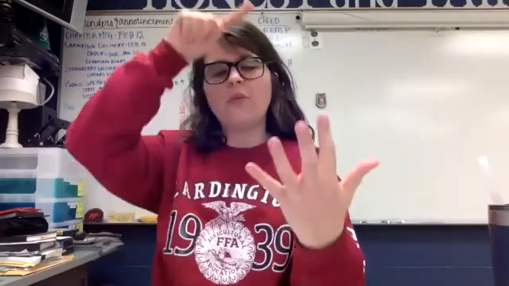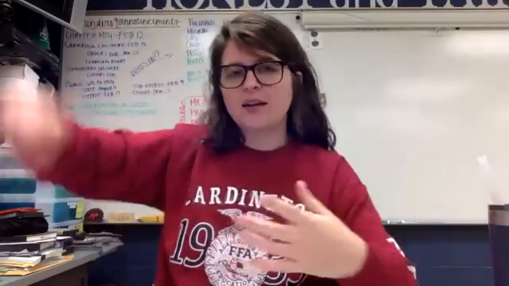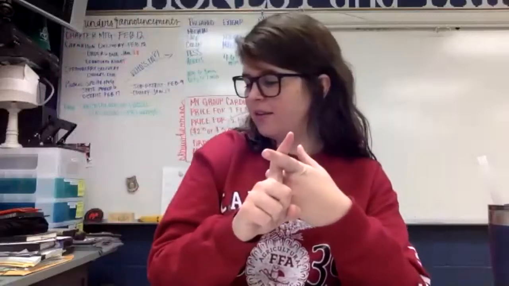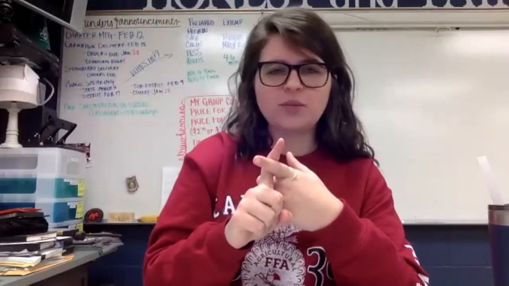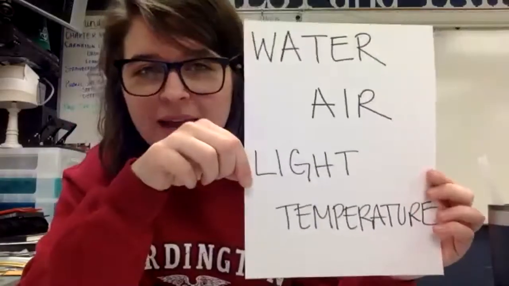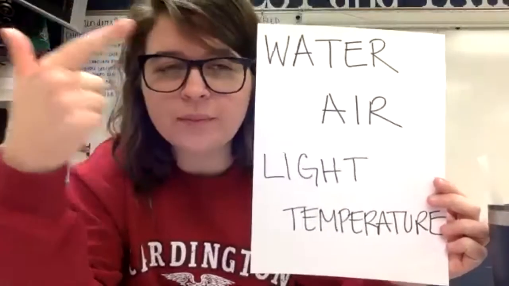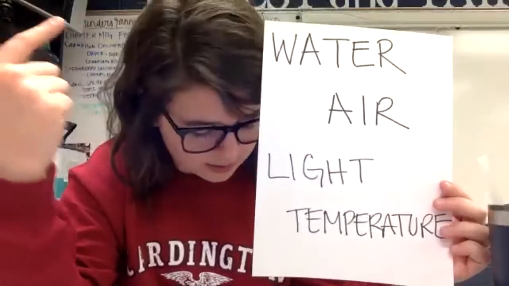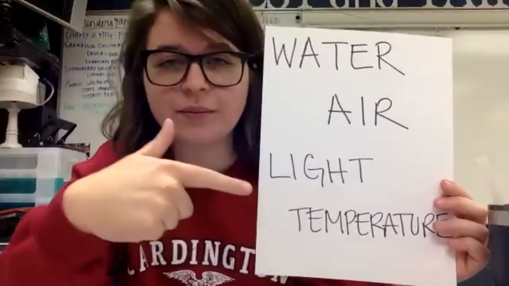It can't germinate in freezing temperatures. So we need temperature, we need light, we need air. Oh wait, I just spoiled it for you. You said water. We need air. Air is the fourth one. So the four things that we need for plants to germinate are water, air, light, and temperature.